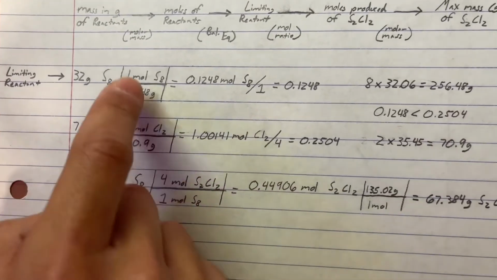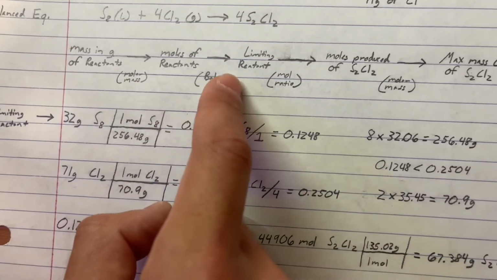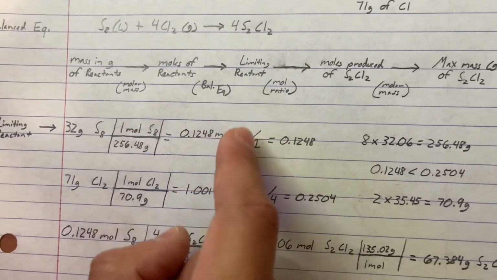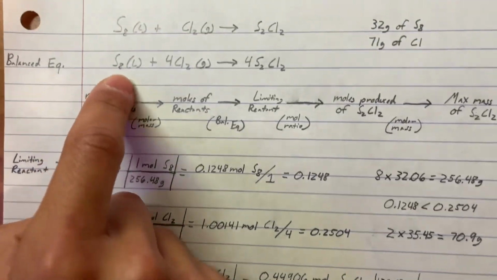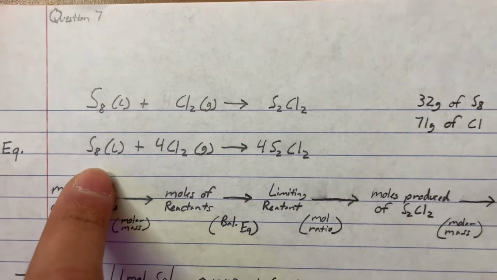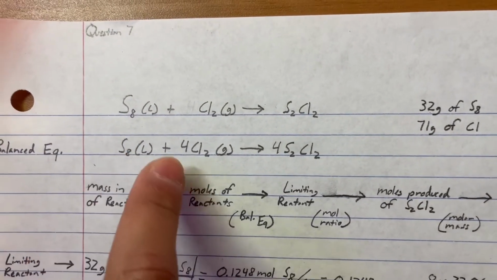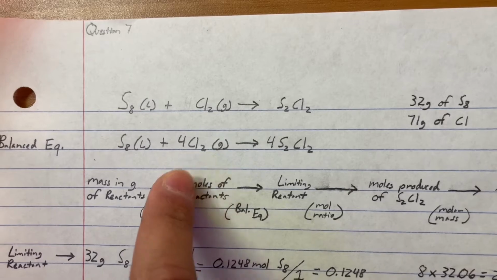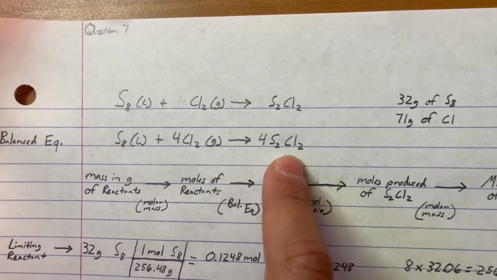Okay. From there, we've reached this step, and we've got moles of reactant, but now we want to figure out which one of these is our limiting reactant. If you actually look at this equation, you can tell that in every reaction, we use up 1 mole of sulfur and 4 moles of chlorine to produce 4 moles of this substance, disulfur dichloride.